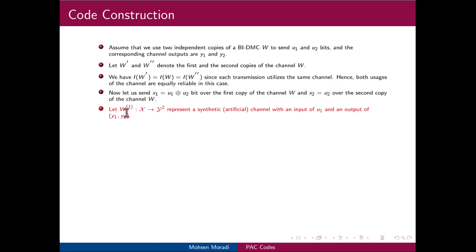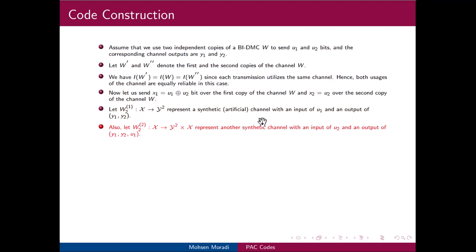This 2 shows the block length, and this one shows the first artificial channel. Its input comes from a binary set, and its output is Y1, Y2. Based on the channel outputs Y1 and Y2, we want to understand what U1 was, in the scenario where we send X1, the sum of these two, through the first channel, and U2 through the second channel.